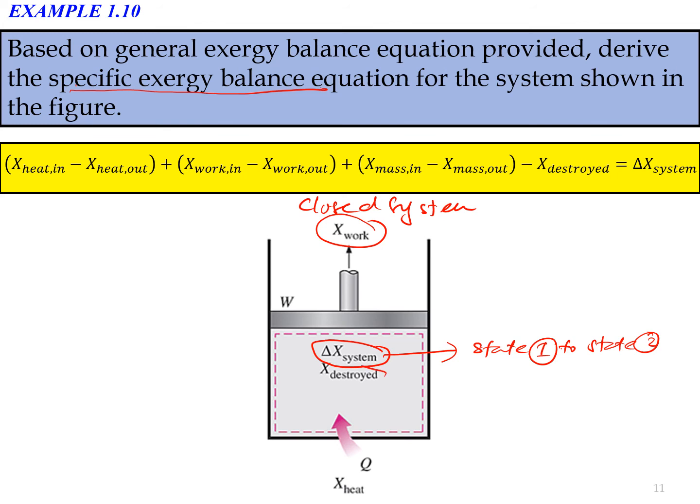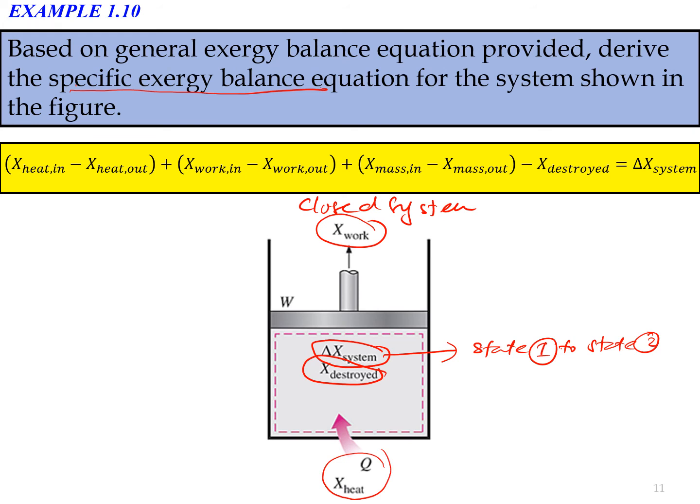And then there is also exergy destroyed being described here. So this is not an ideal system, this is a real, actual system. Something is lost. Okay, exergy destroyed. And we can see that this expansion process is happening because of the heat transfer. So how do we consider this?